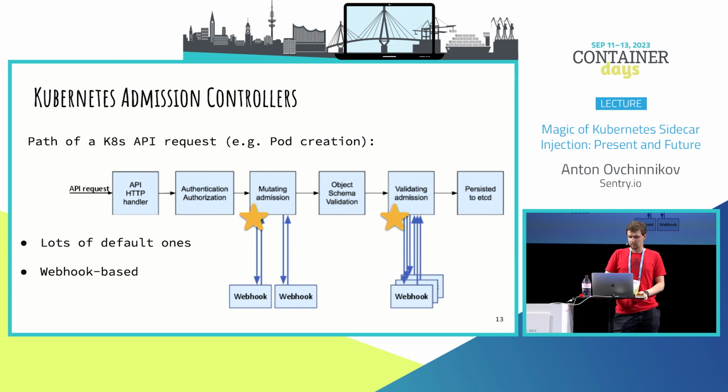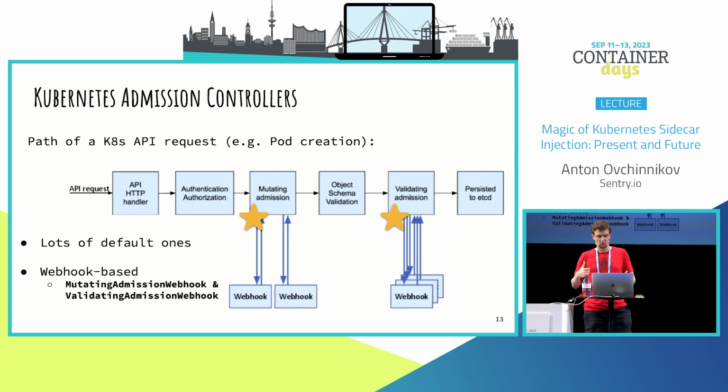But we are, again, mostly interested in the two special ones. So they are the mutating admission webhook controller and the validating admission webhook controller. Those are the magical controllers that allow us to delegate. Basically, they allow us to send the given request to an external service, to a webhook service. And yeah, thus allowing us to extend the logic with pretty much anything that we want.